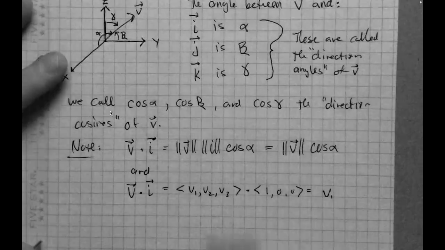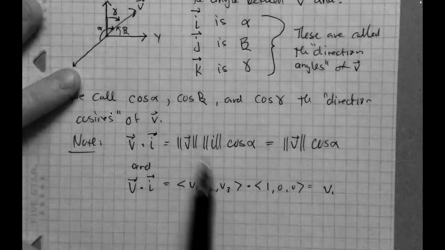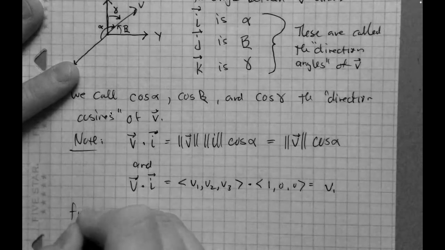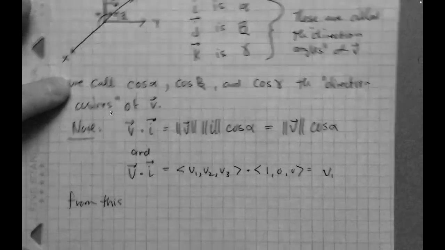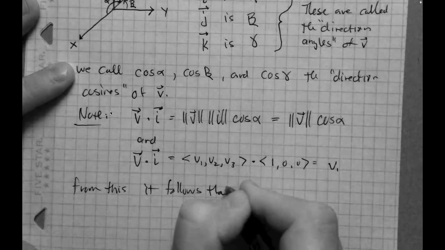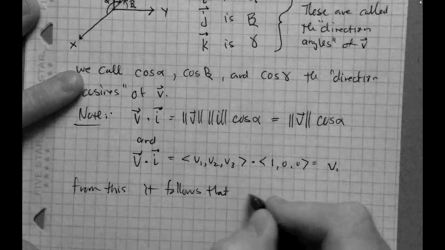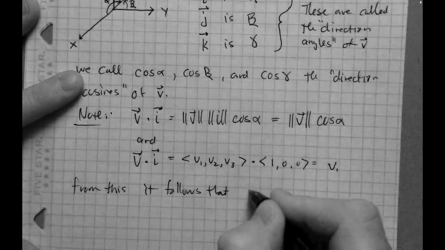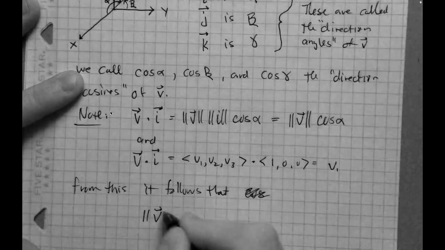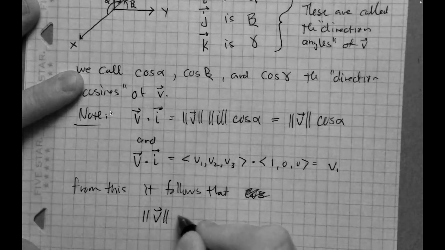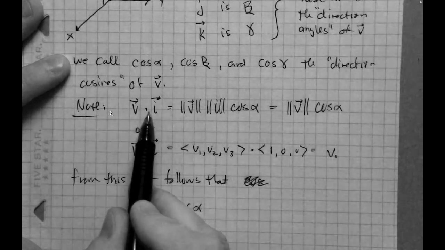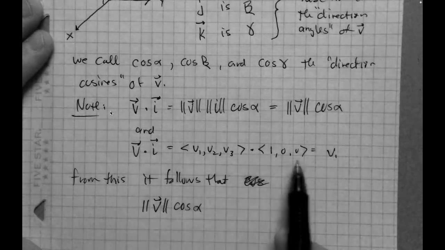Given these two facts, let's derive it. The norm of v times cosine of alpha is equal to v dot i, and v dot i is also equal to v1.